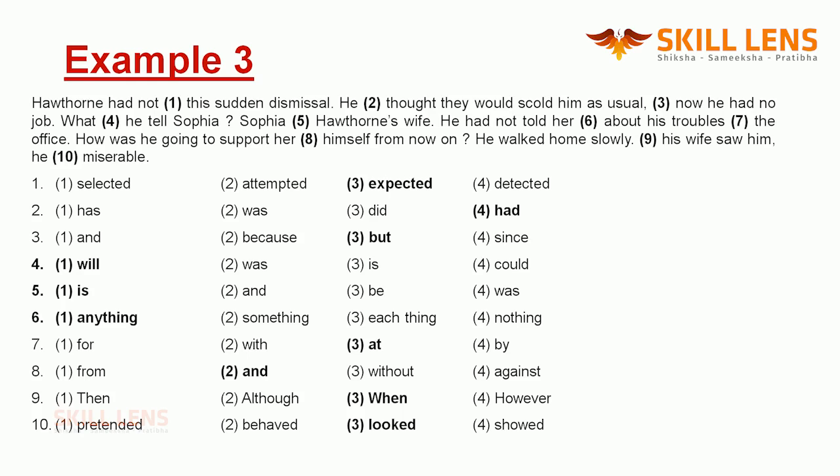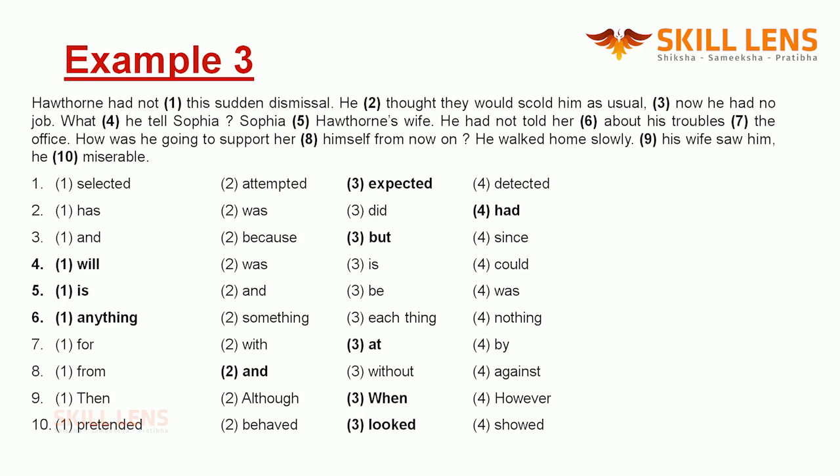He thought that they would scold him as usual. Now, the options also tell us that this has to be a helping verb. But it needs to be in the past form, because in the first sentence we already understood the paragraph is beginning with the past tone. So here the answer is "had."